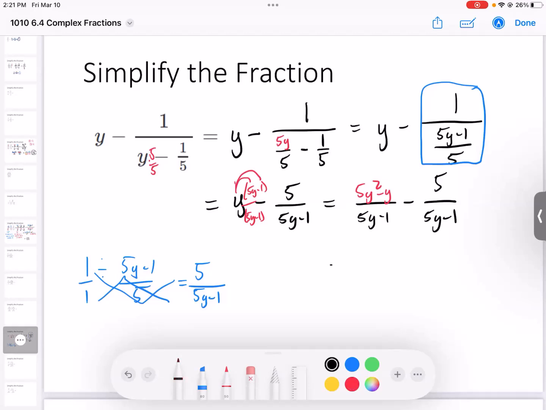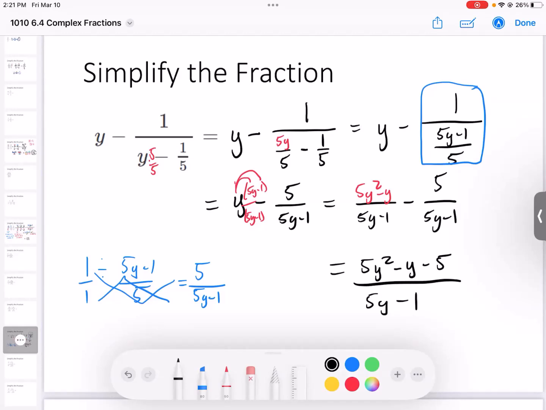Okay, so then we combine those together and we say, well, this stuff minus 5, since there are no like terms, because this is a y squared, this is a y, and this is a constant, I'd just write it all out and I'd have 5y squared minus y minus 5 over 5y minus 1. And so this is my final answer, but I have to see if I can simplify it.